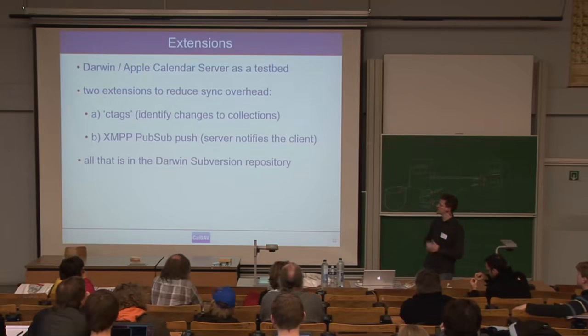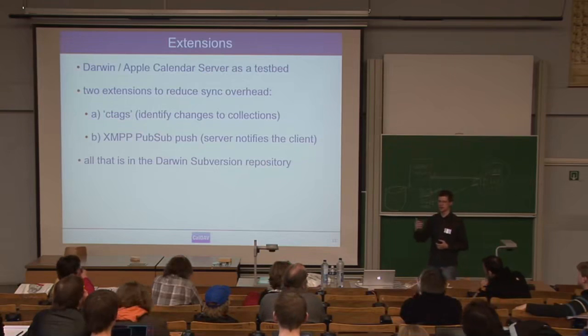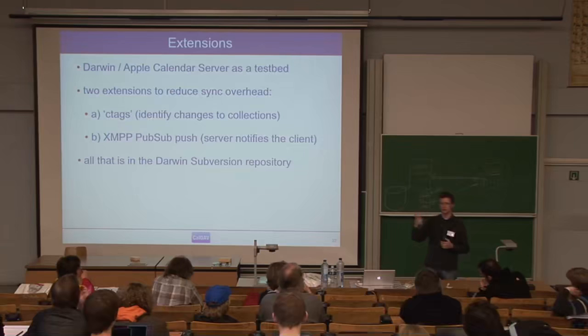And very new, it just got into the Apple server trunk a few months ago, is XMPP-based PubSub. That's a way to let the server inform you about changes. So it's actually a notification triggered by the server if something changed on the server. So the client only needs to do the PROPFIND if something actually changed.